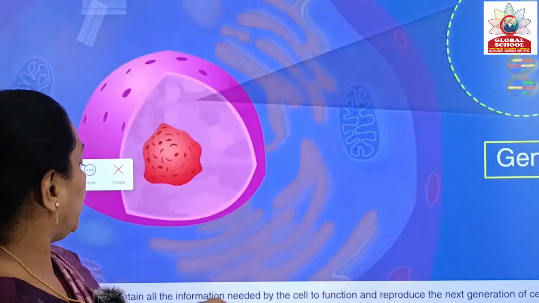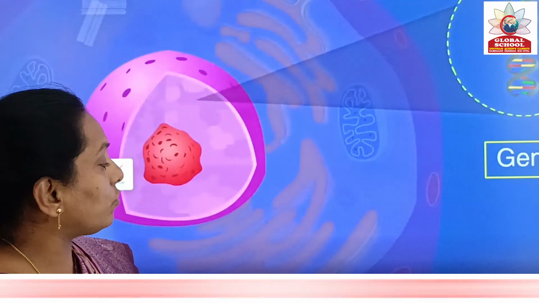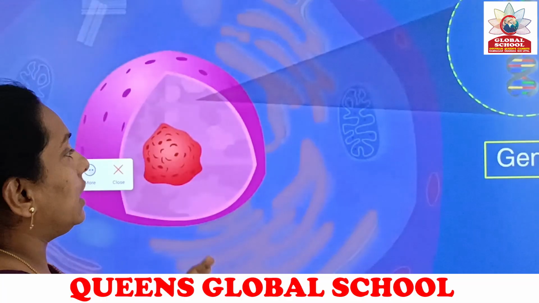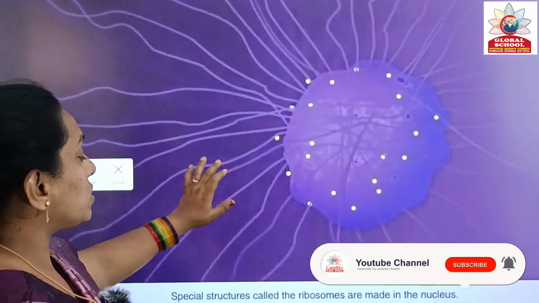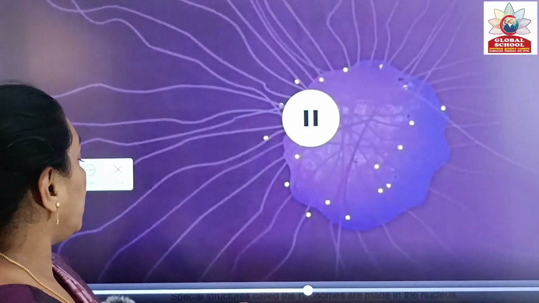A cell contains all the information needed by the cell to function and reproduce the next generation of cells. It will produce new cells again. Next, about the special structures and activities of the cell. The nucleus will regulate the activities of the cell.